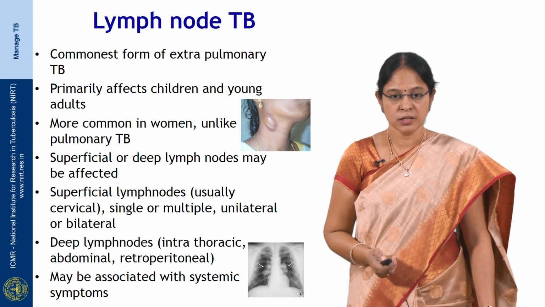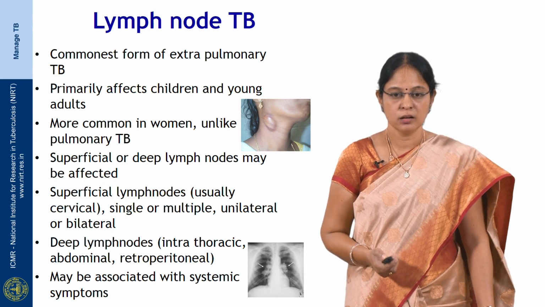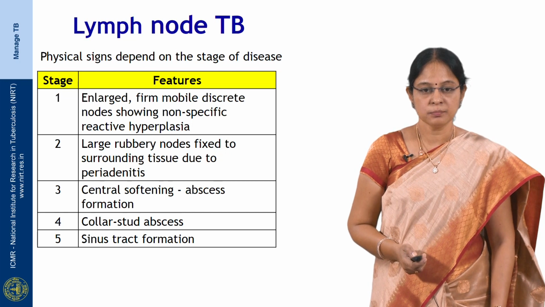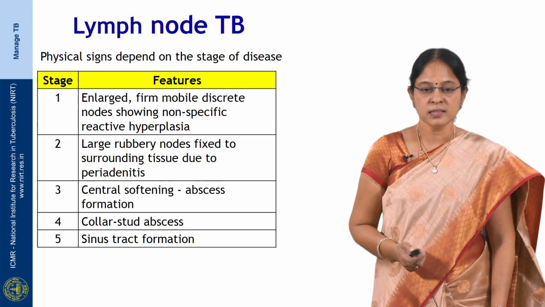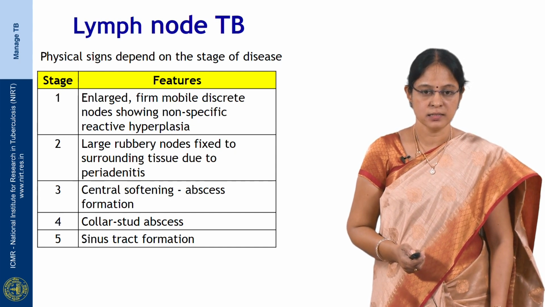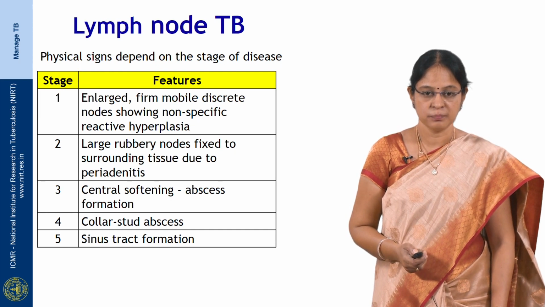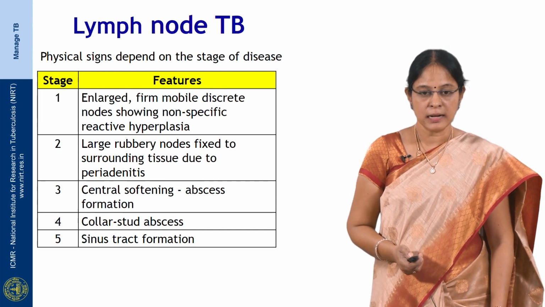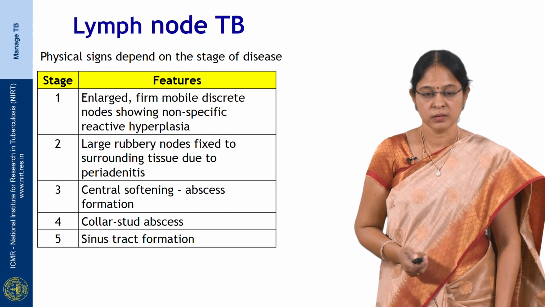It may be associated with systemic symptoms such as fever, weight loss, loss of appetite. Physical presentation depends on the stage of the lymph node TB. In stage 1, we can see enlarged, firm, mobile, discrete nodes showing non-specific reactive hyperplasia. When the nodes are large, rubbery, fixed to the surrounding tissue due to periadenitis, it is referred to as stage 2.